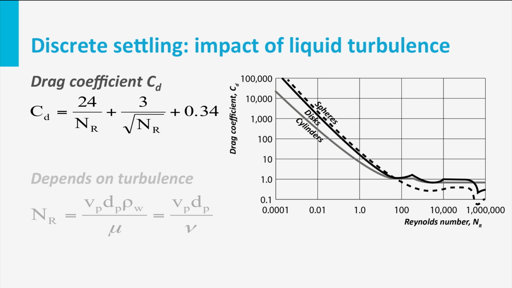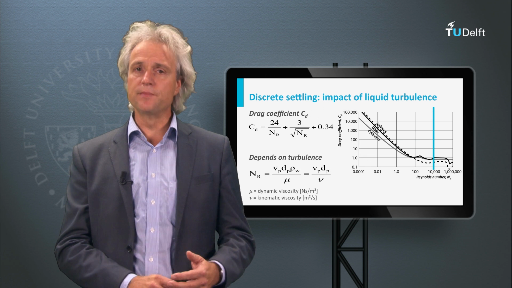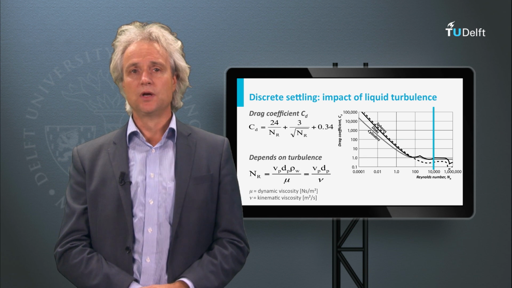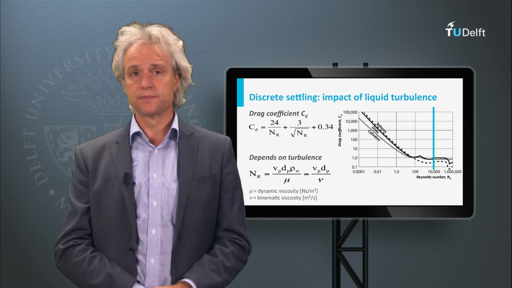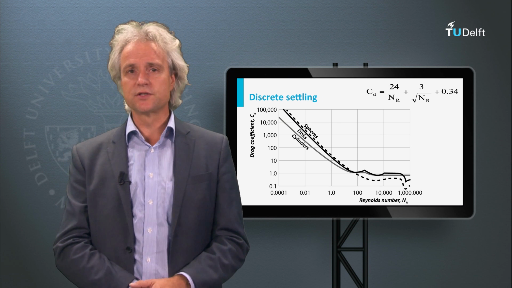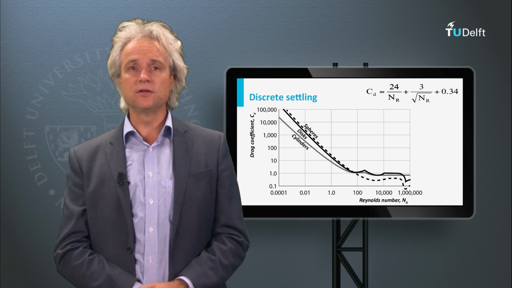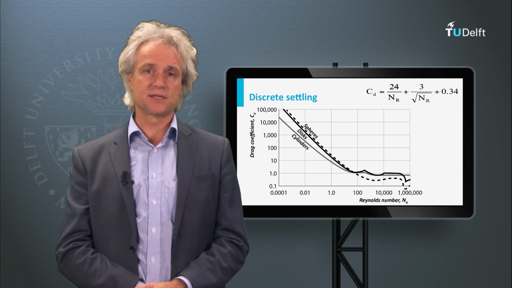In non-stagnant medium, the drag coefficient, CD, is dependent on the liquid flow regime or the level of liquid turbulence, as indicated by the upper three-term equation. The symbol NR stands for Reynolds number, which describes the liquid turbulence. Under laminar flow conditions, with Reynolds numbers less than 1, the drag coefficient is reciprocally correlated to Reynolds number, as illustrated in the slide.